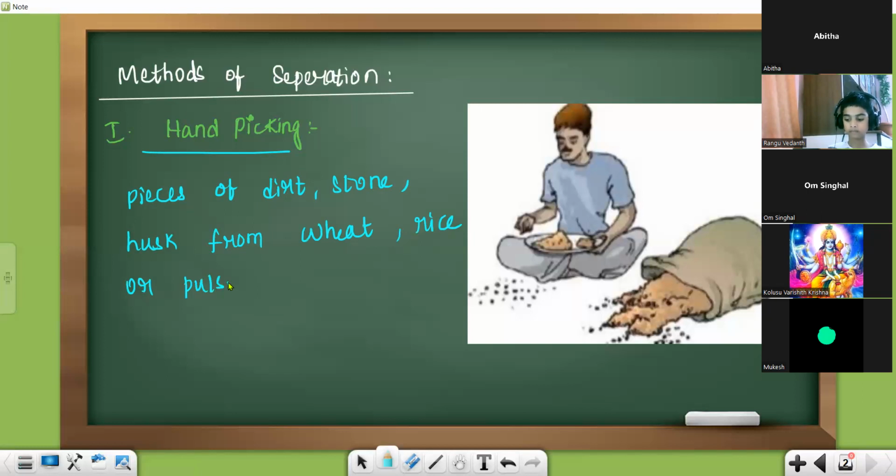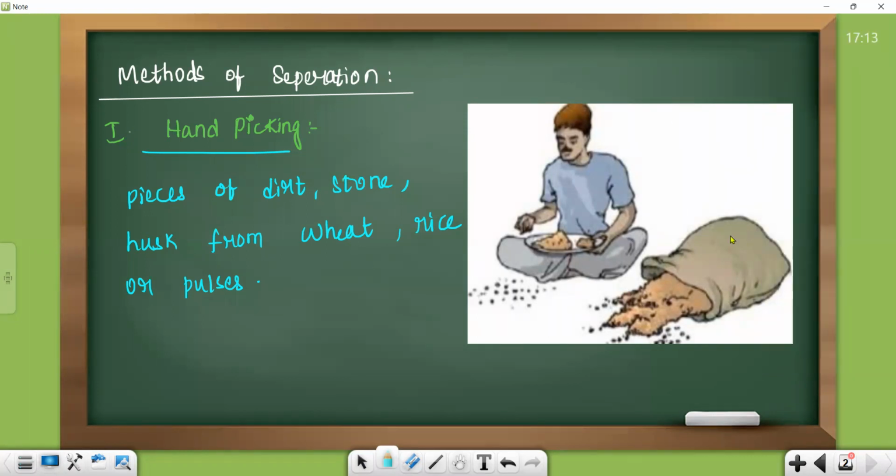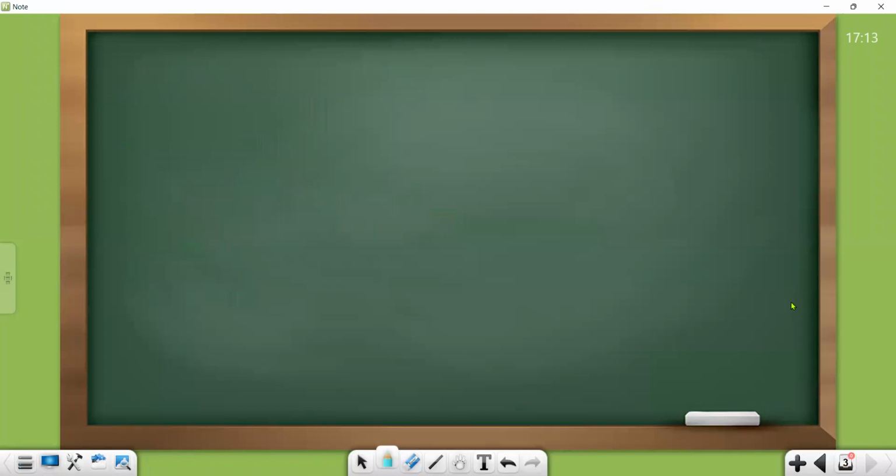In all pulses, you can find stones and everything. We prefer the hand picking method when the impurities are not really big and you can easily remove them, isn't it? Yeah, ma'am.